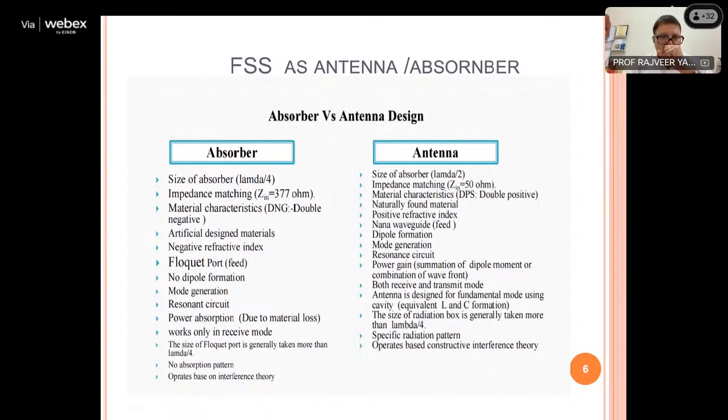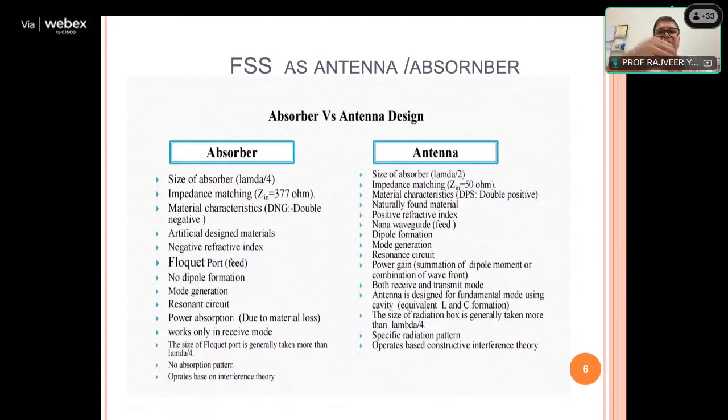So absorbers generally work in receive mode. The size of the Floquet port is generally taken more than lambda by 4. There is no absorption-specific pattern. They operate based on interference theory. Of course, there are certain antennas that also operate based on interference theory to harvest larger gains.